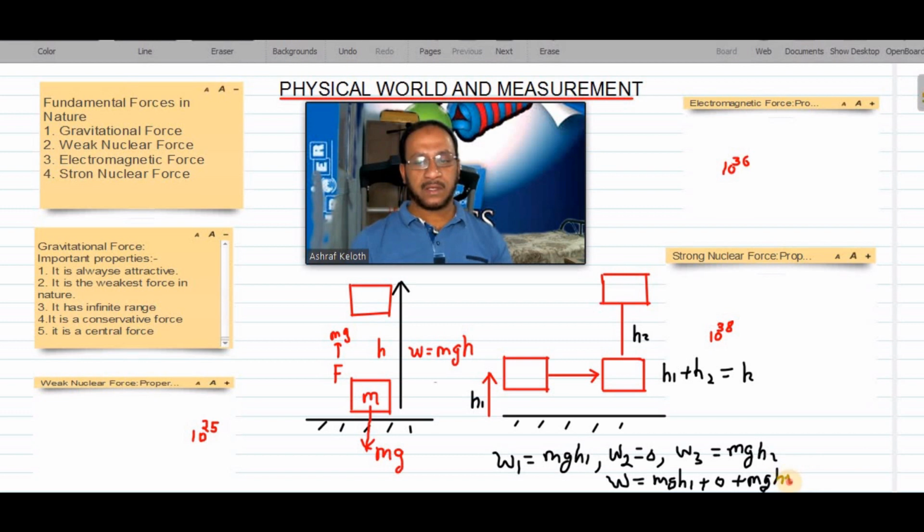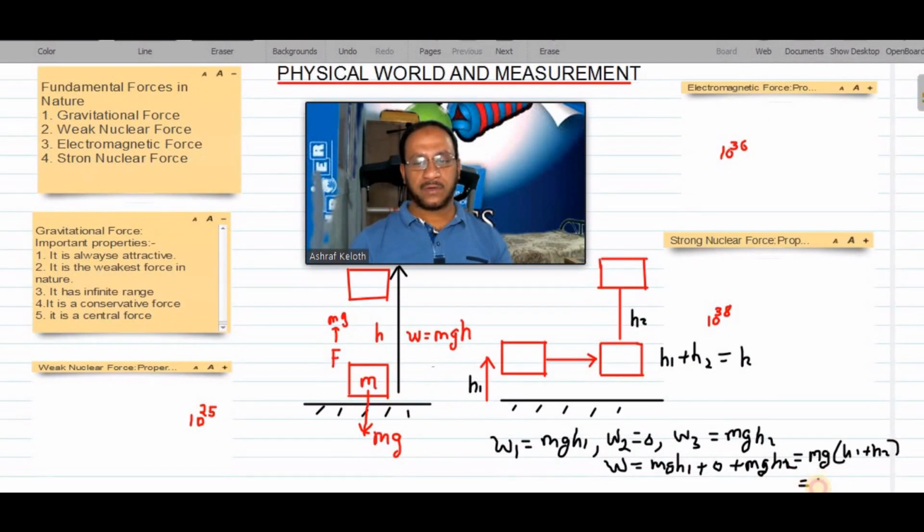This is equal to mgh1 plus mgh2. I can take mg as a common factor outside, and inside the bracket h1 plus h2. You know this h1 plus h2 is equal to h, that is this height. So it is equal to mgh.